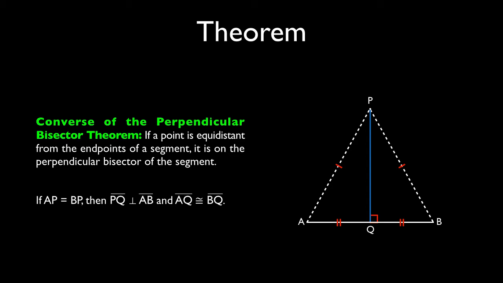Now the way this works is using the hypotenuse leg theorem, because if you notice, segment AP and segment BP are hypotenuses of two right triangles. And segment PQ is the leg to those same two right triangles.